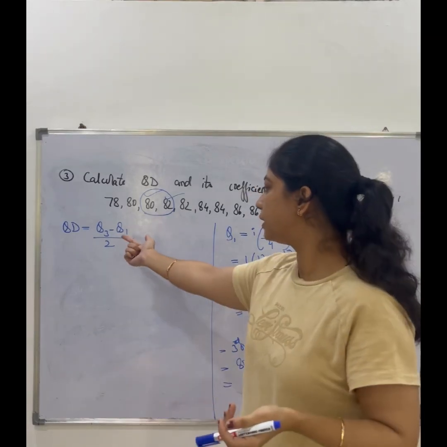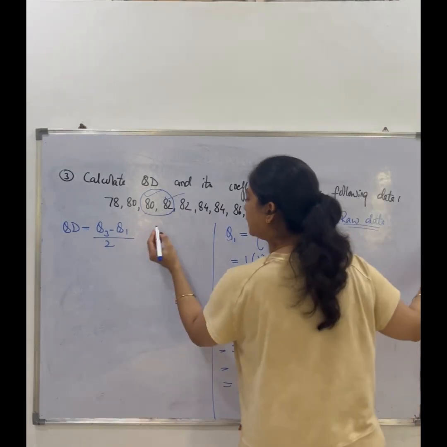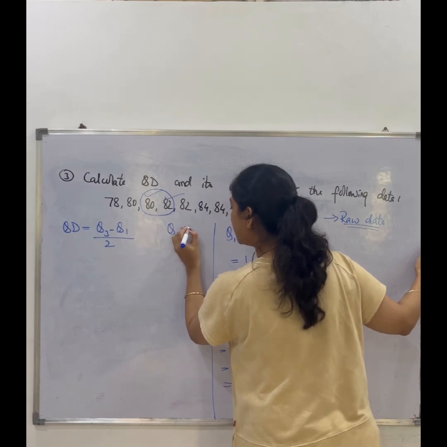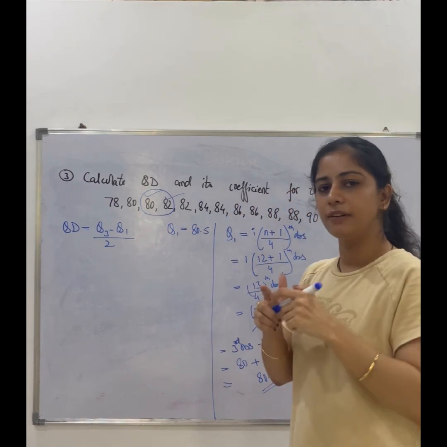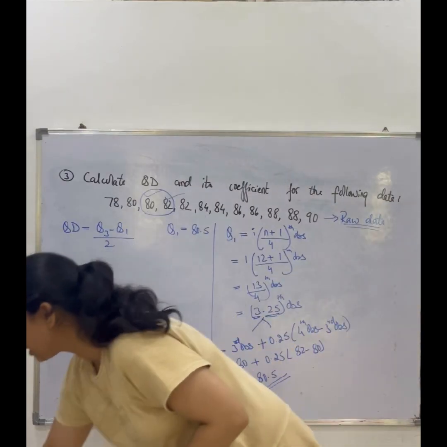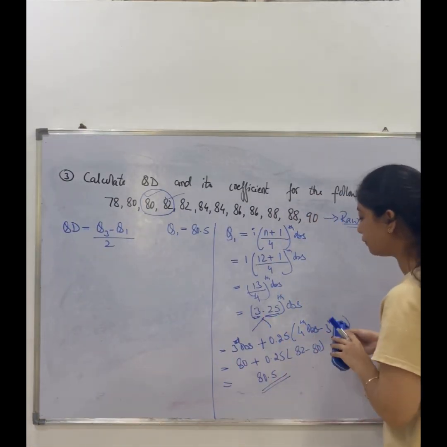We will be substituting this value of Q1 in our data. We will write it as Q1 is equal to 80.5. Similarly, we will be finding the value of Q3 by again substituting in the formula.